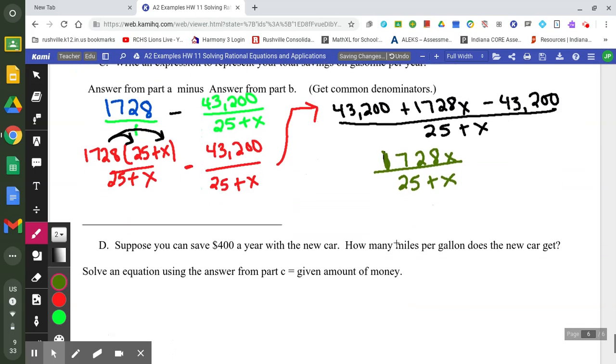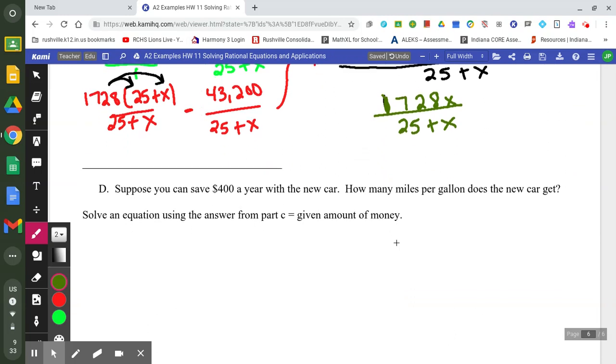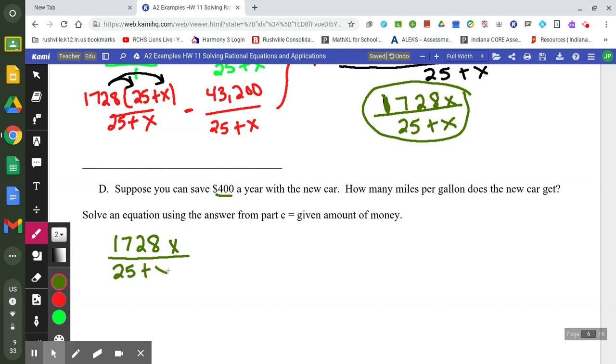So then for part D, first of all, suppose you can save $400 a year with the new car. How many miles per gallon does the new car get? So solve an equation using the answer from part C, which was this, equals the amount of money given, which is my 400. So I'm going to say 1728x over 25 plus x equals 400.